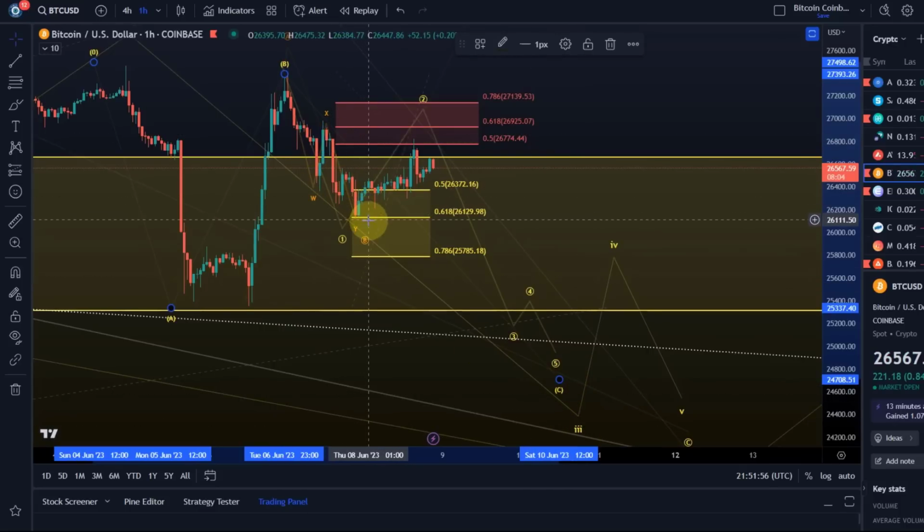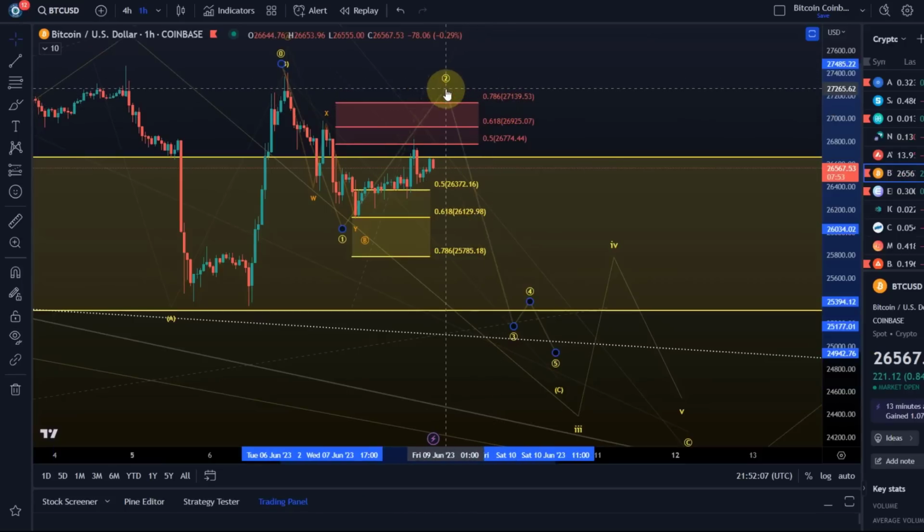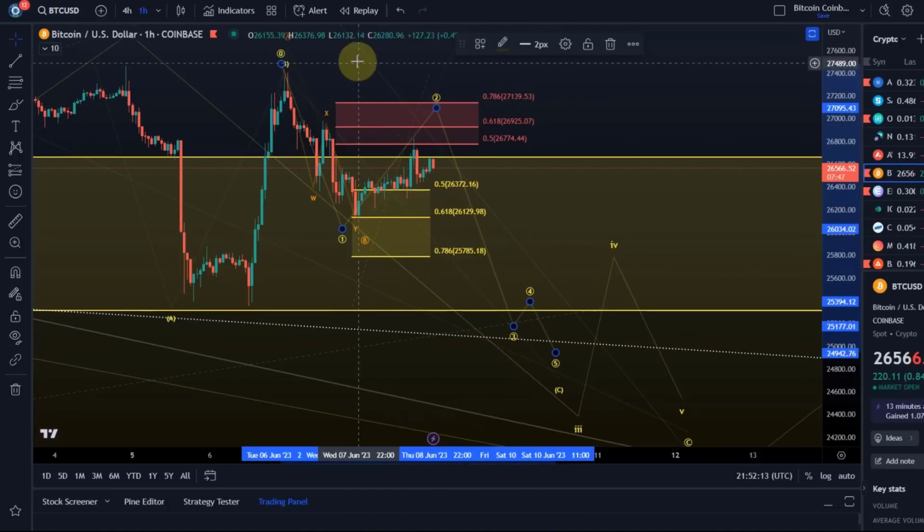And with a corrective looking move to the upside today, that could be the wave 2. Might not be finished yet, but as long as price stays below 27,140, this can easily be a wave 2. And then we should see a flush maybe tomorrow, maybe the day after, in a third wave to the downside.